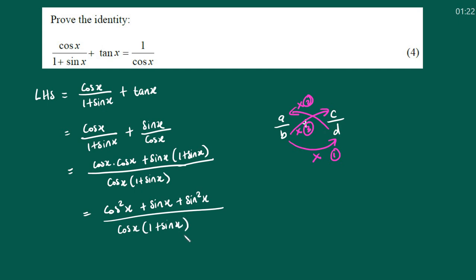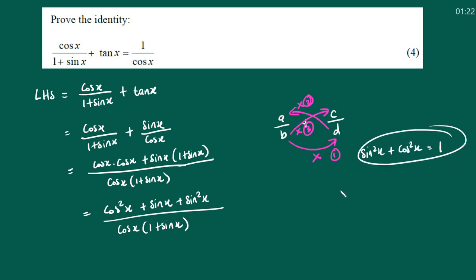Now the only difference in terms of identities is that in most cases your identities are going to simplify into algebraic expressions. Here you can see cos squared x and sine squared x. Let's remember this identity especially: sine squared x plus cos squared x is equal to 1.